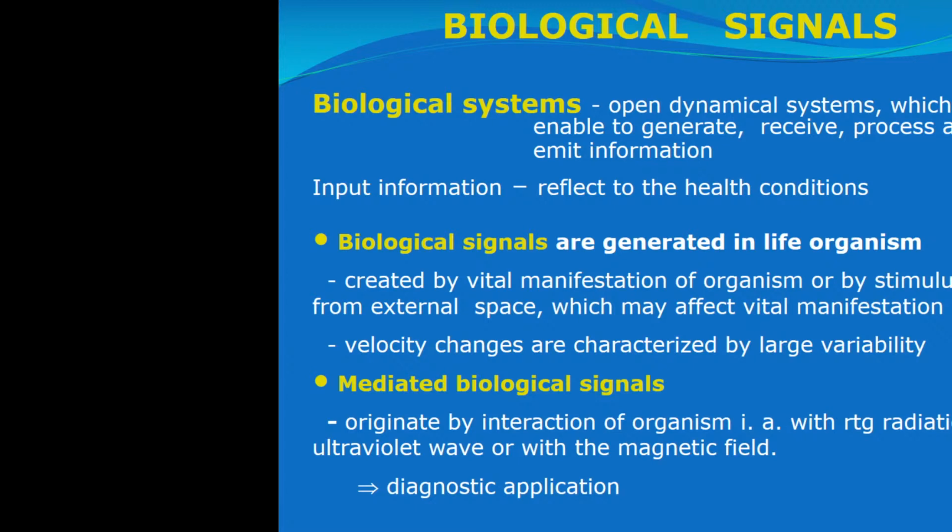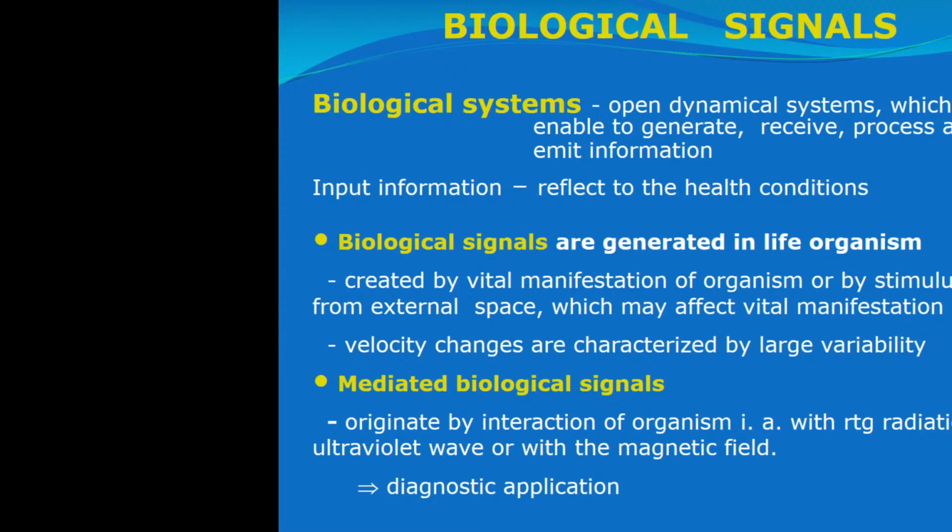Biological systems are open dynamical systems which are enabled to generate, receive, process, and emit information. Input information reflects the health conditions. Biological signals are generated in live organisms, created by vital manifestation of organisms or by stimulus from external space, which may affect vital manifestation.